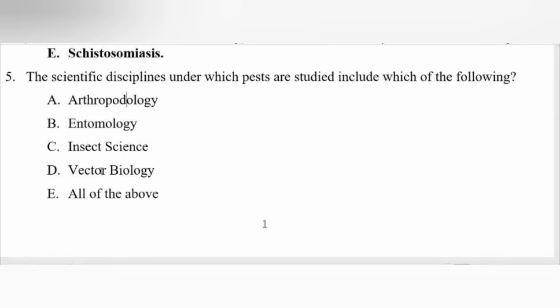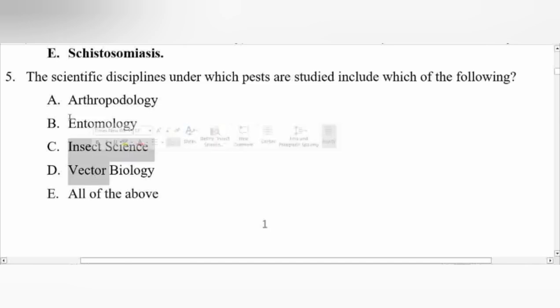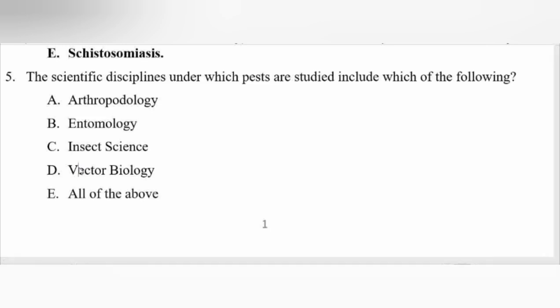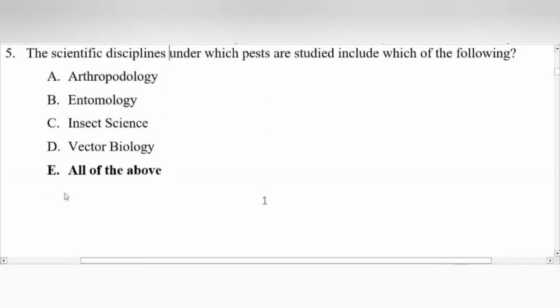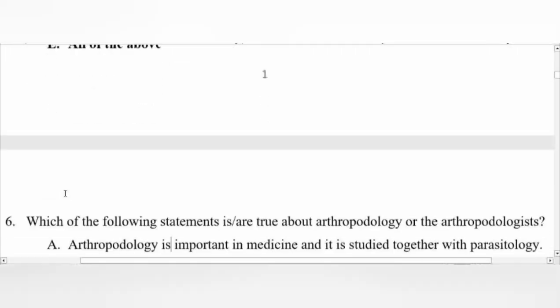Among pests, some of them transmit diseases, and those ones we refer to as vectors. And so it means that options A to D are all disciplines under which pests are studied. And so our best option here should be E, all of the above.